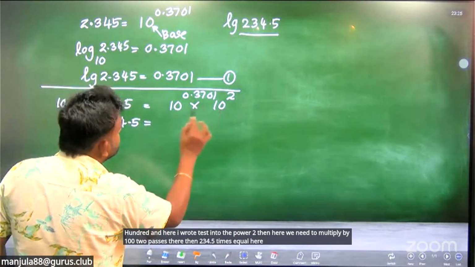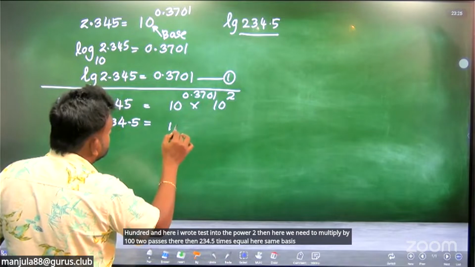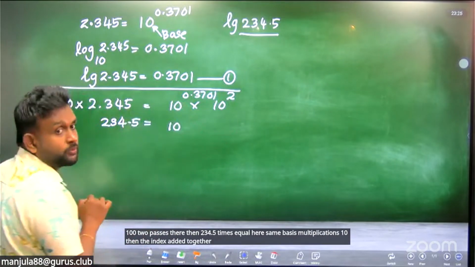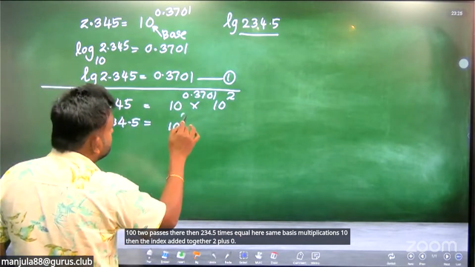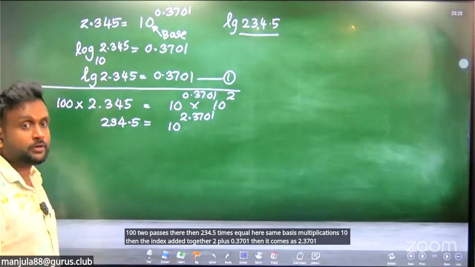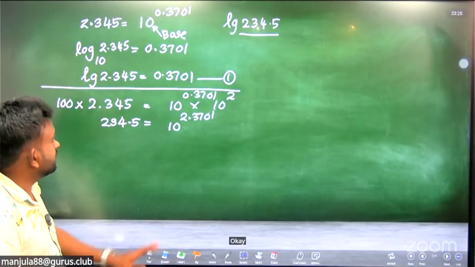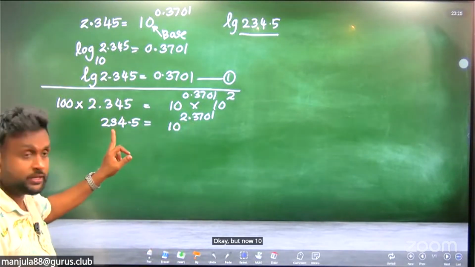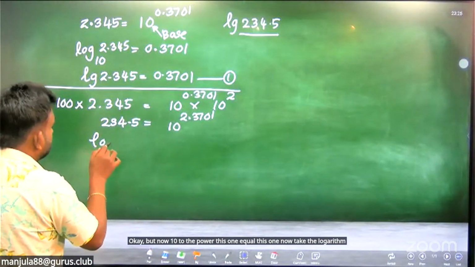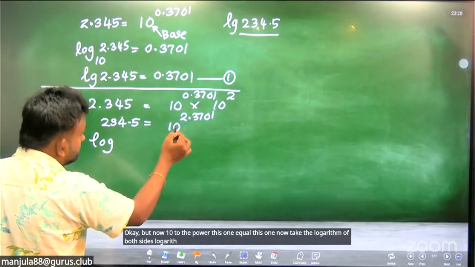Here, same base multiplication with base 10, so the indices are added together: 2 plus 0.3701 comes as 2.3701. Now 10 to the power this one equals 234.5. Now take the logarithm of both sides, with base 10.